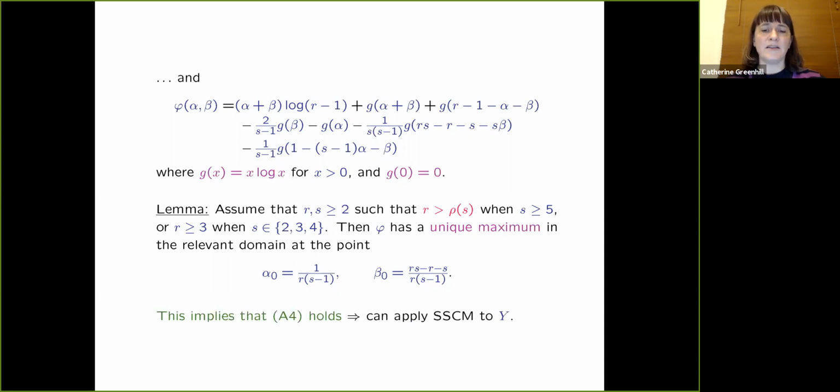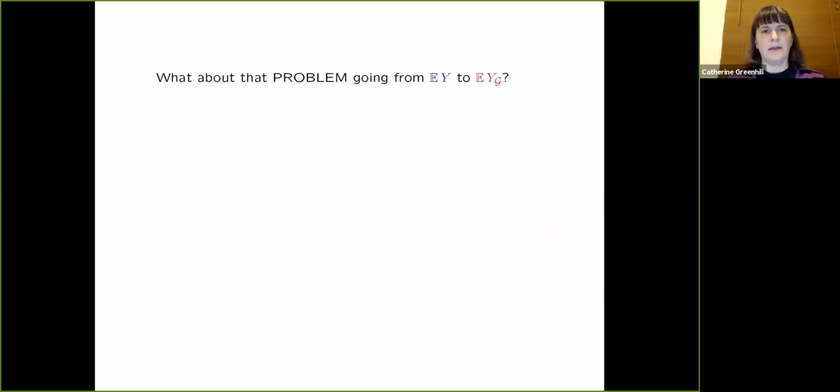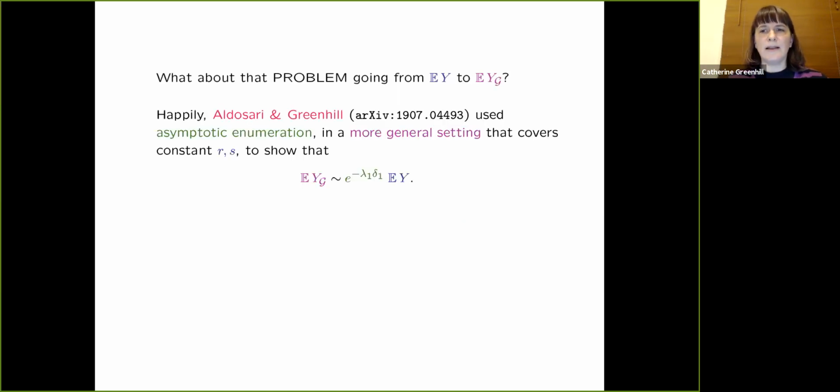So we can apply our small subgraph conditioning method to Y, and we will get the result that we want for configurations. And so the final question is lifting it to hypergraphs. So what about the big problem that I talked about before? Well, luckily I have a PhD student, Haya Al-Dasari, who's been looking at enumeration problems for hypergraphs, sparse enumeration using the switching method. And so she has a result that allows us to calculate these expected values.